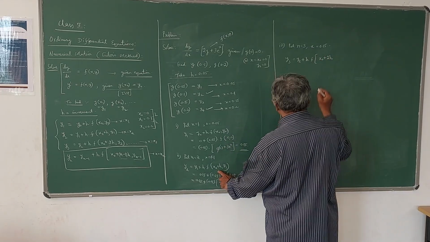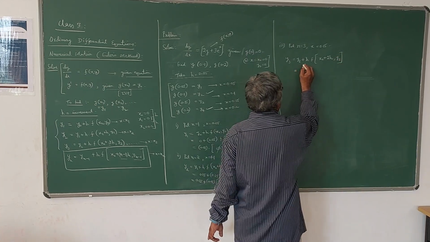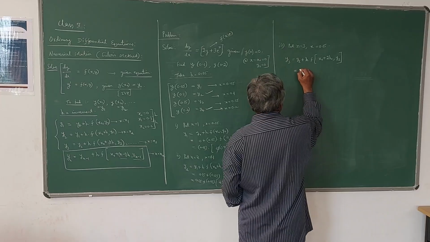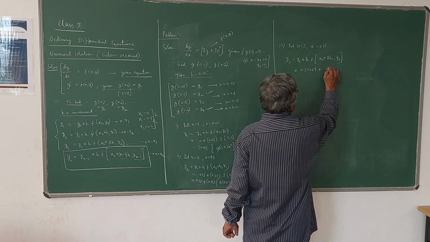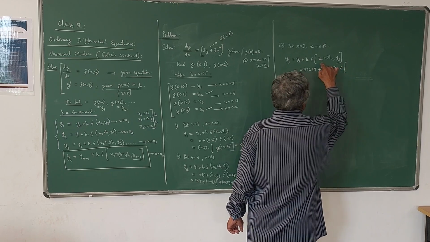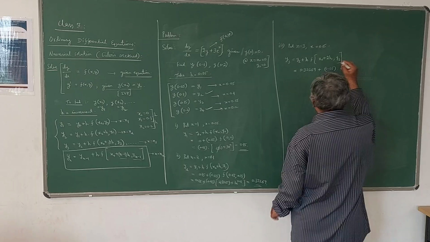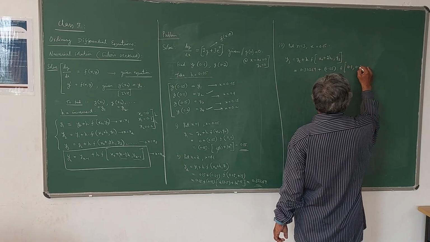One more h, 2h, comma y2. Yes. So it is y2 now, here it is 0.32269. That value you have to take. So h is 0.05 into function of x naught is 0 plus 2h. 2h is 0.1. Comma y2 is once again 0.32269.